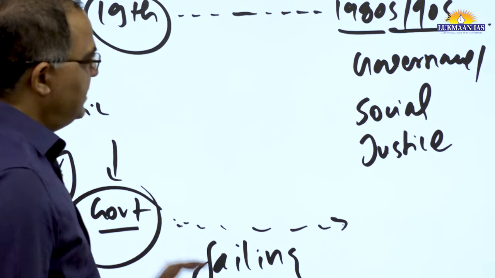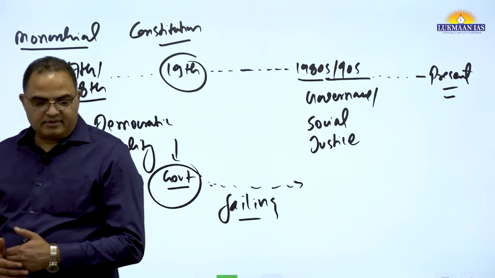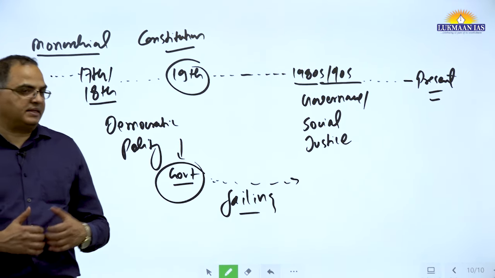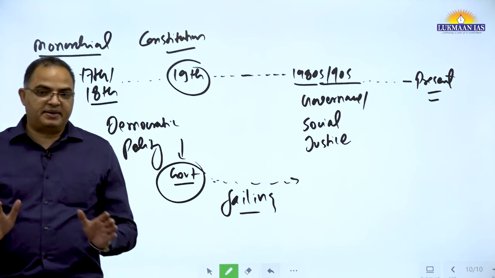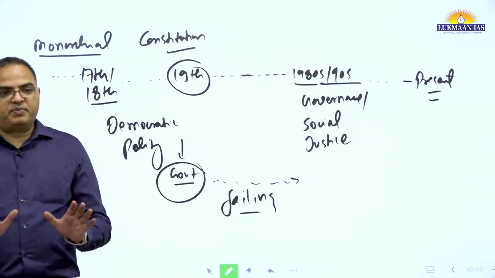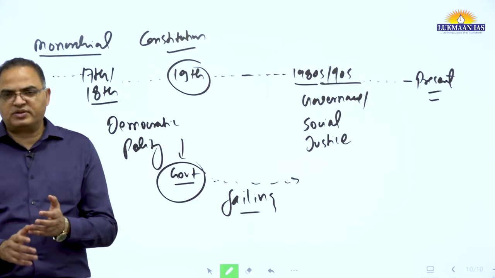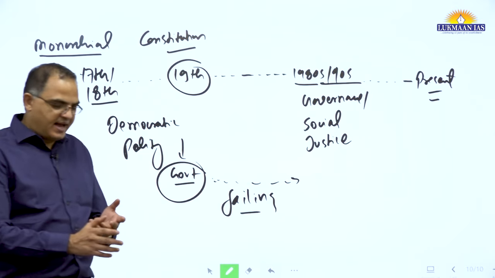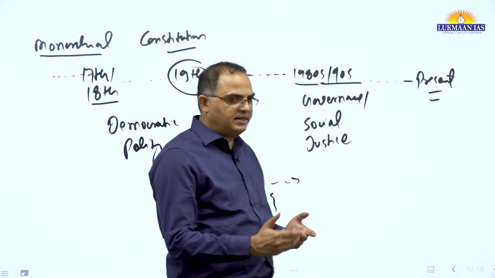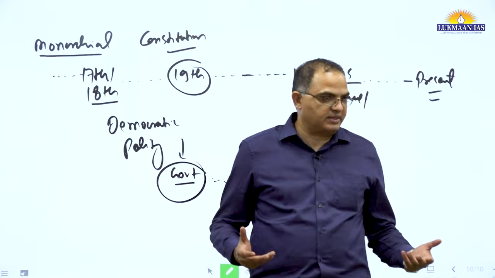So let's say that people decided and the states came into existence. A modern democratic polity was decided. That modern democratic polity will have some basic characteristics related to a written constitution, three organs of the state, and citizens enjoying some rights, and the state has promised something to the people to govern.